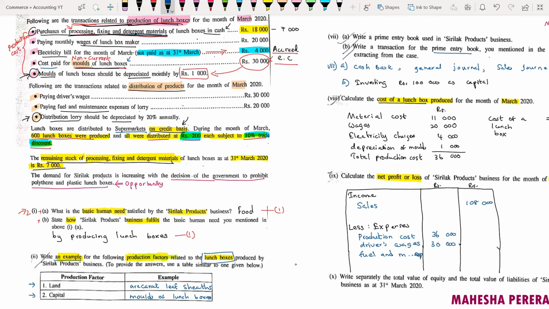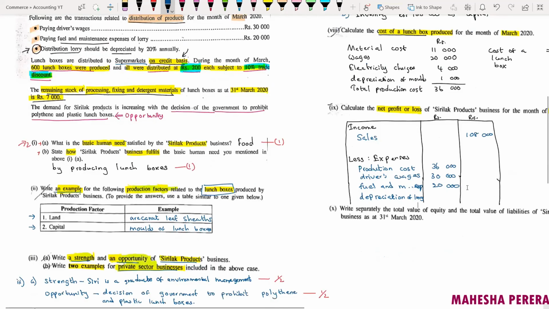And it is 20,000, right? And then we have the depreciation of lorry, right? And it is how much?